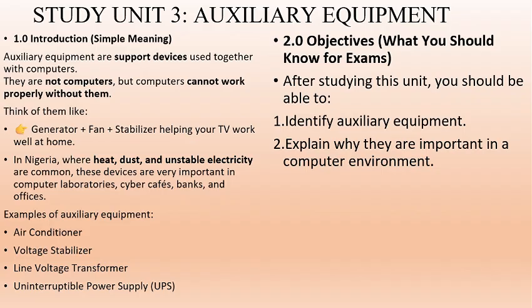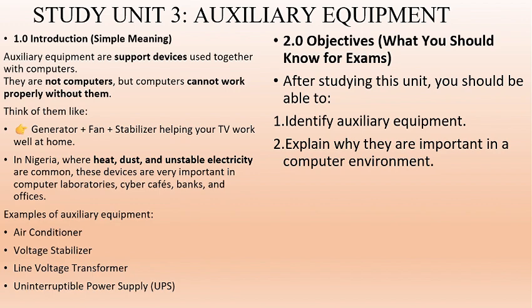For the air conditioner, we know what it means: the AC that we use in our offices or at home to stabilize the heat inside our house or blow the dust away. Mainly it is just to make the house very cool.